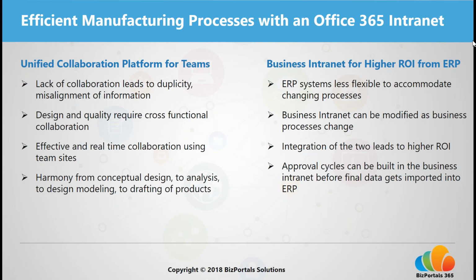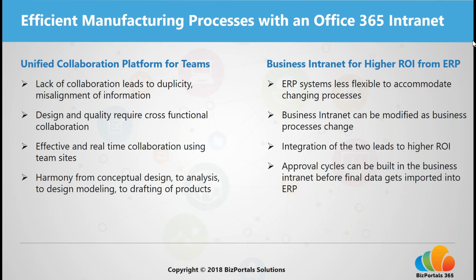So you can do a lot of change management in a business intranet. And integration of these two, that is an Office 365 intranet and an ERP system, definitely leads to higher ROI on both. You have spent money on your ERP system and on your Office 365. So by integrating these two, you can definitely get higher ROI. And as I mentioned in the first slide, approval cycles can be built in the business intranet.